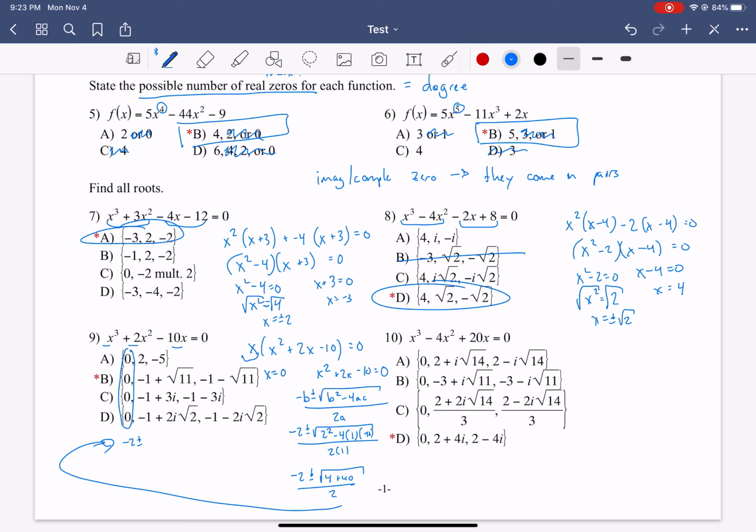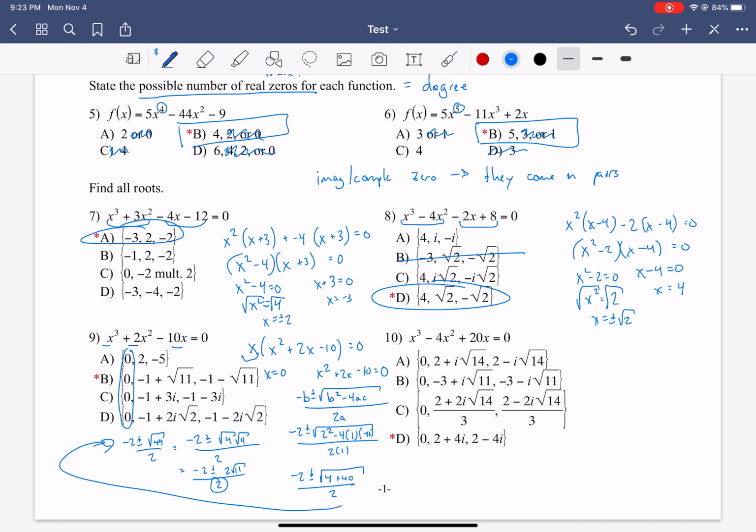Negative 2 plus or minus the square root of 44, over 2. Notice how we have square roots in our answer choices, or i's. So then we can try to simplify this. We get negative 2 plus or minus the square root of 4 times 11, which is 44. So negative 2 plus or minus 2 times the square root of 11, over 2.